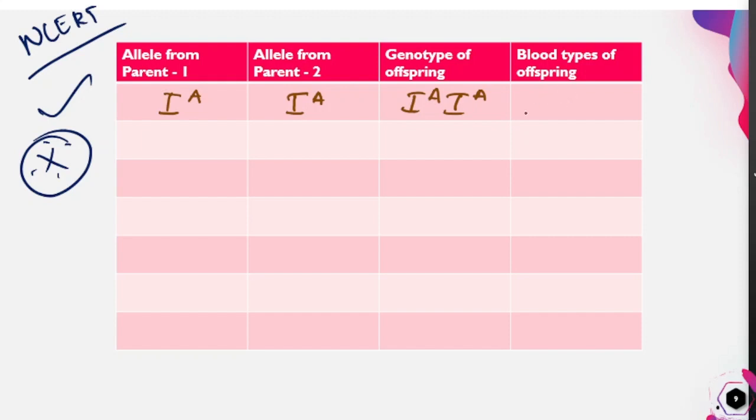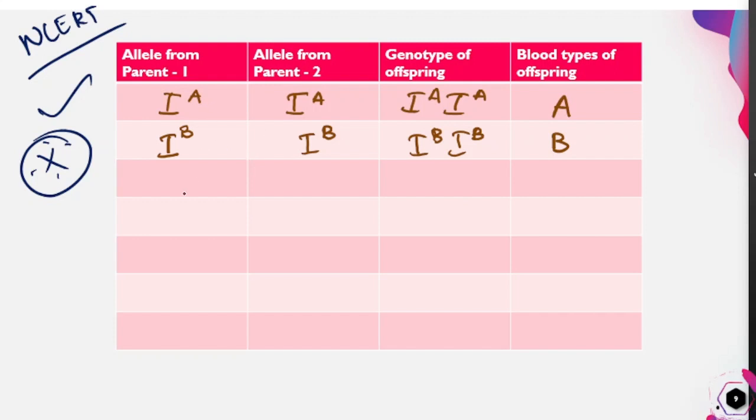Both are dominant characters, so the dominant character will be expressed as the blood group. So the child will have blood group A. If parent 1 gives I^B and parent 2 also gives I^B, the genotype is I^B I^B, and the blood type of the offspring will be B.